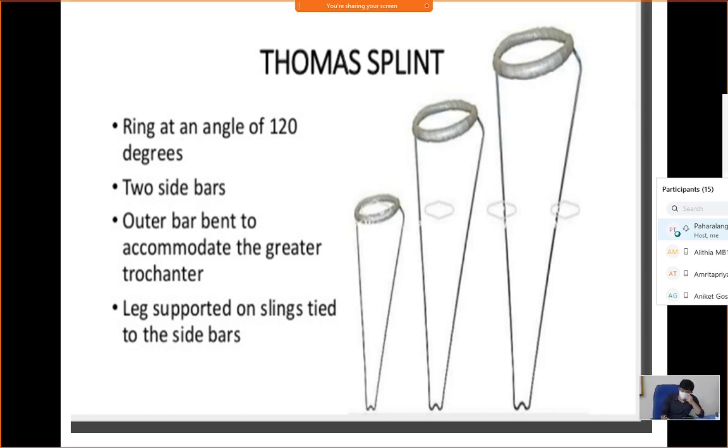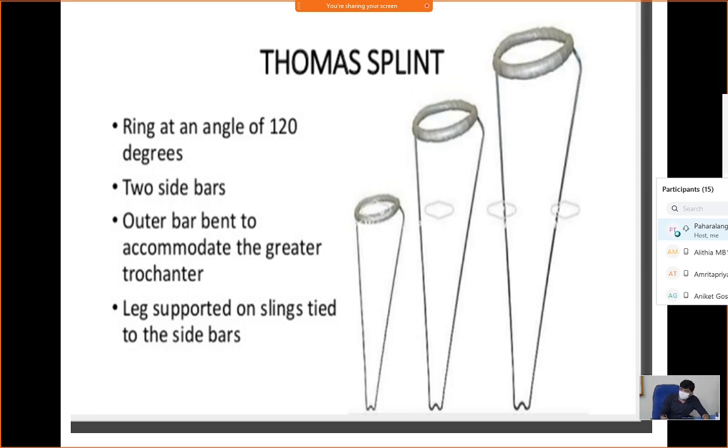All of you must know the splint very thoroughly, its uses, and the measurements for the splint. This is a splint for the lower limb. This can be used for traction purpose also. I will discuss it later on.